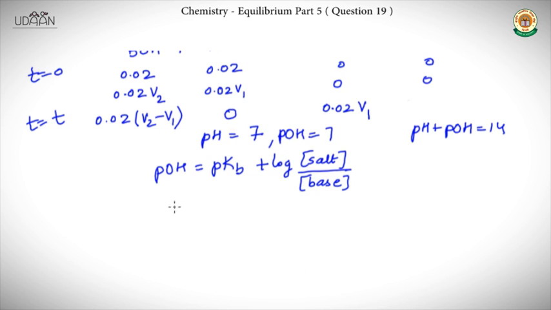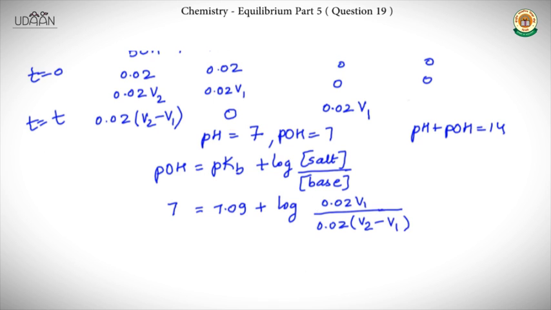I'll substitute the values. pOH is 7, pKb is given to me as 7.09, plus log of concentration of salt, which is 0.02 V1, and the concentration of the base, which is finally left, is 0.02 into (V2 minus V1).